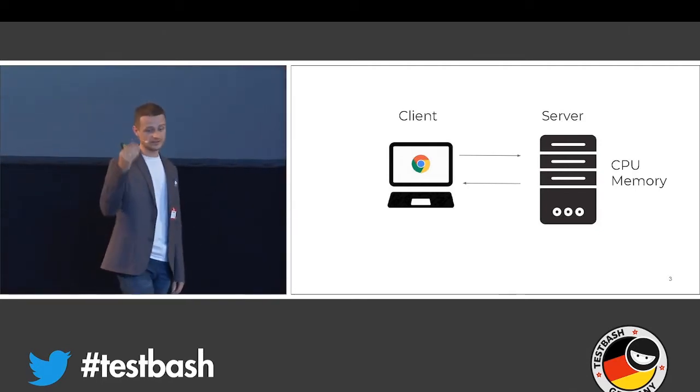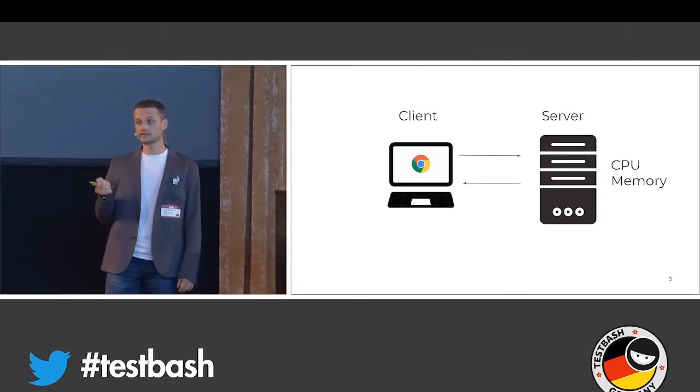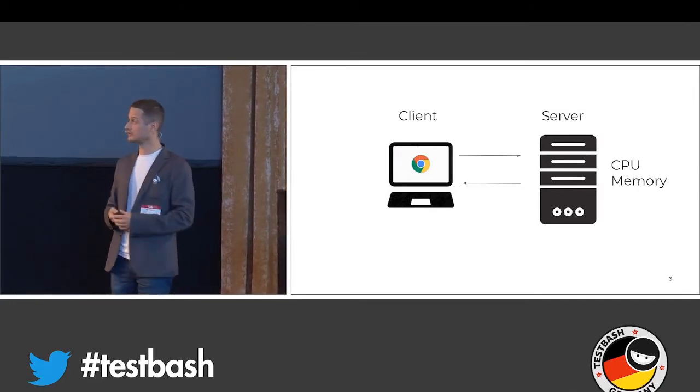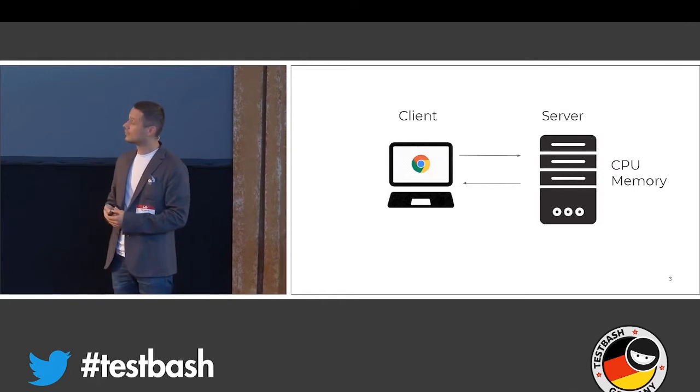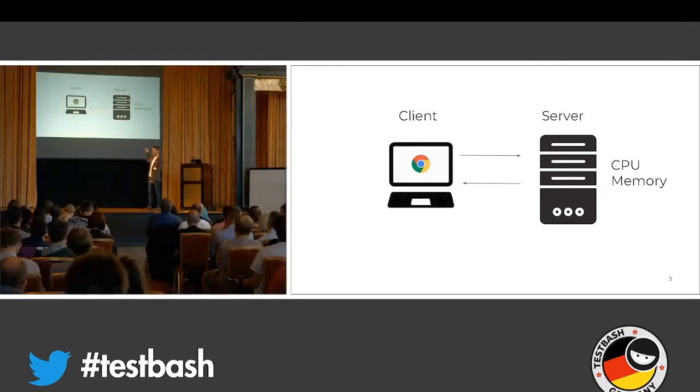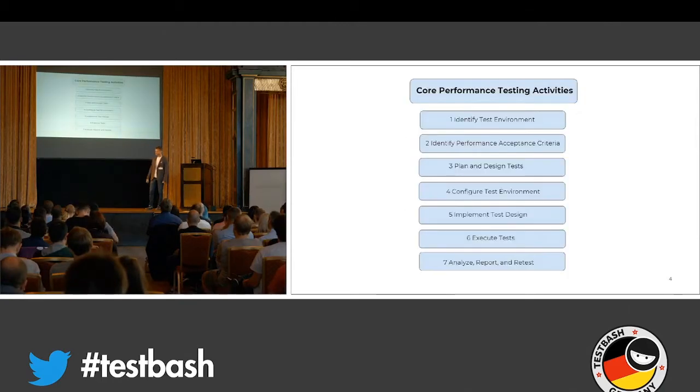And this request and response, these things are quite important to know today, because I will talk about them quite a lot. Basically, one way to measure performance is to check how fast responses from the server are. Super.